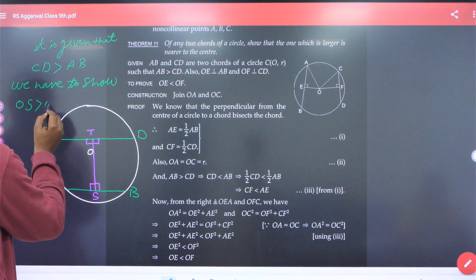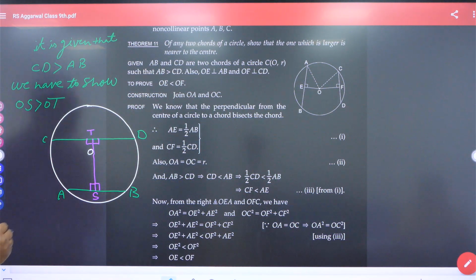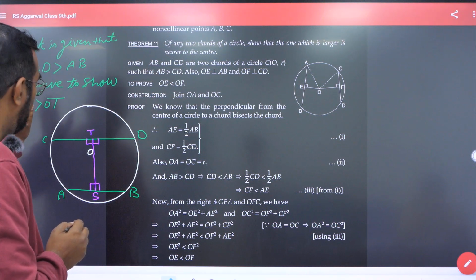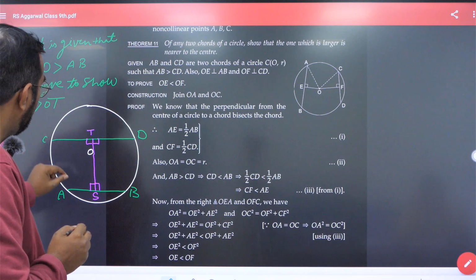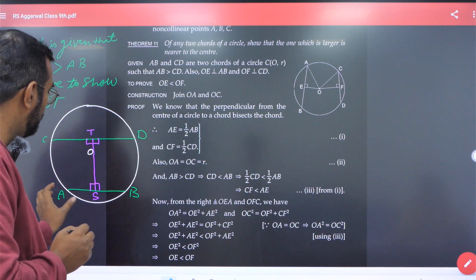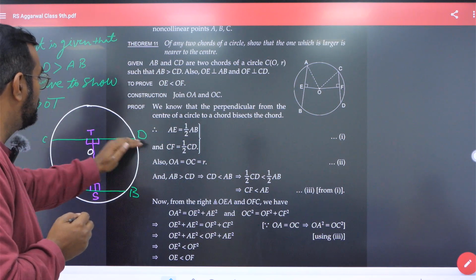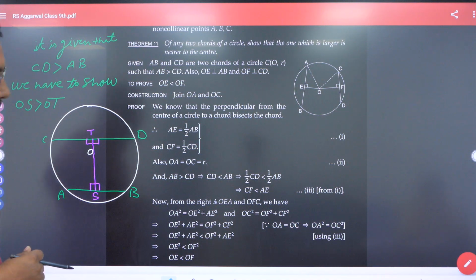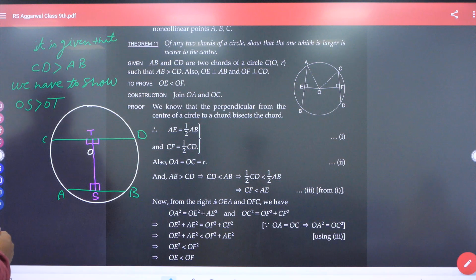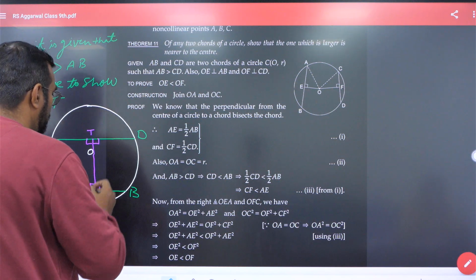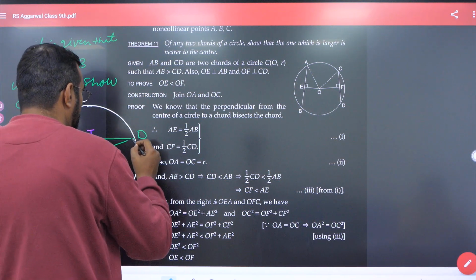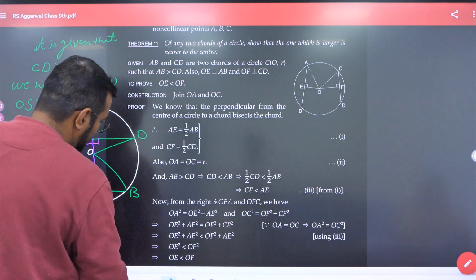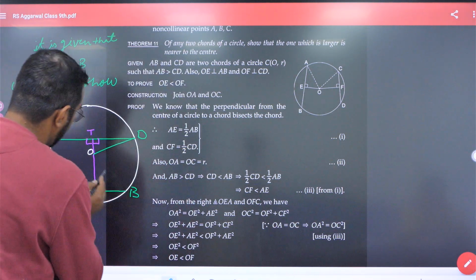By showing OS is greater than OT, we can show that the distance of CD is nearer than the distance of AB. So let's see how we can show it. Join OD and OB.